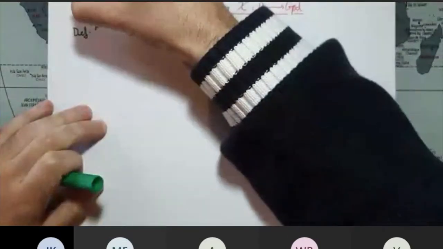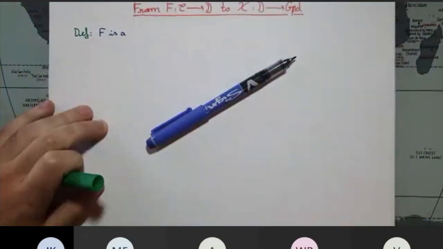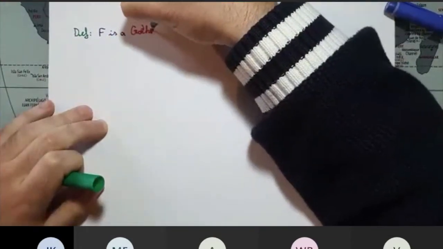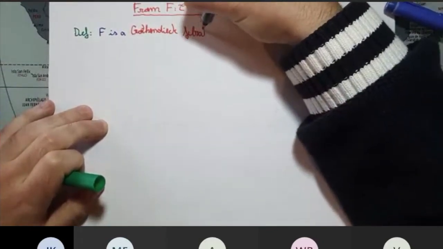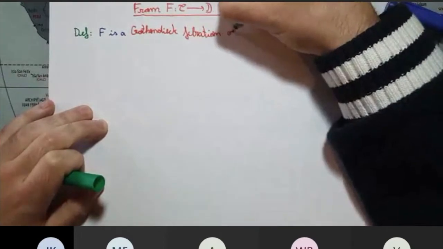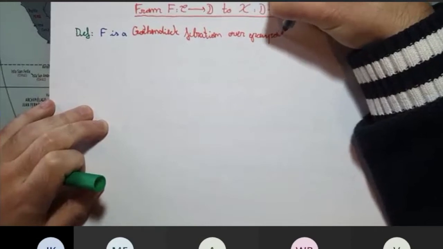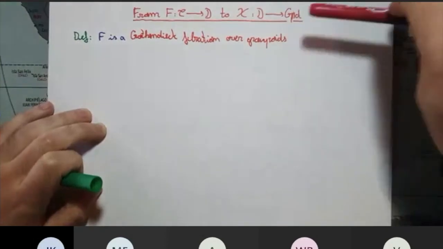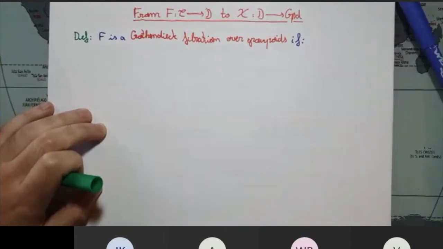So we say that F is a Grothendieck fibration over groupoids. So I will just say fibration to refer to this kind of fibration, if the following two conditions are satisfied.